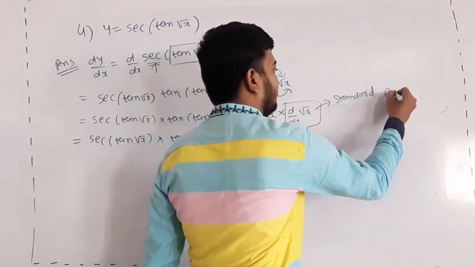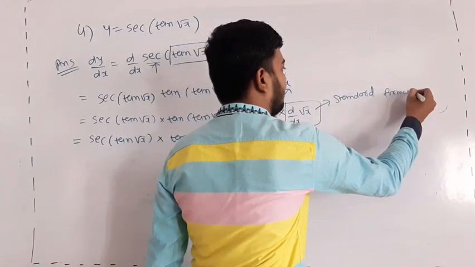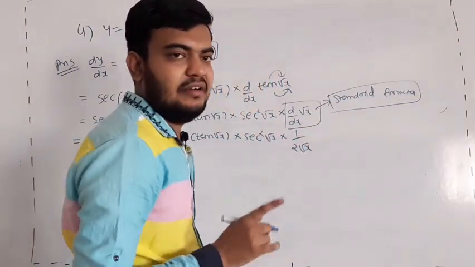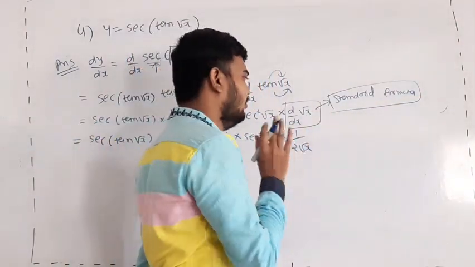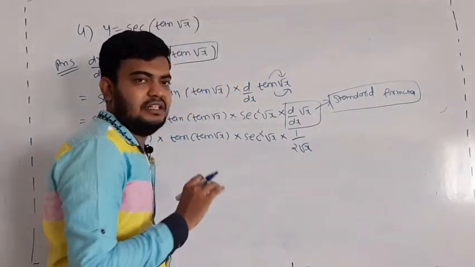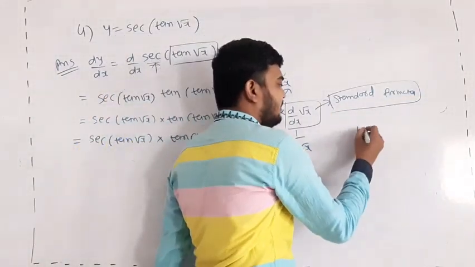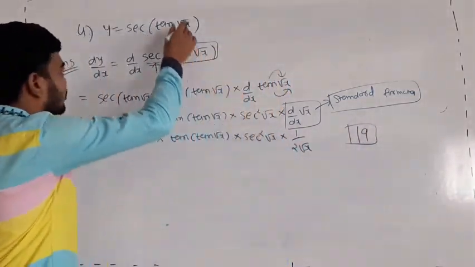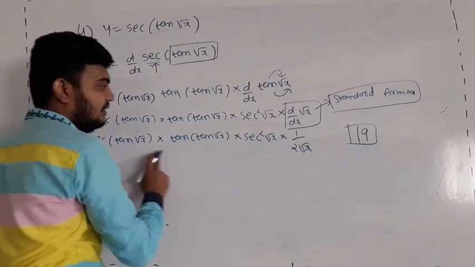In the chain rule, the last derivative is always a standard formula. Okay, we learned earlier there are 19 standard formulas. Okay, so the answer of this question is this one.